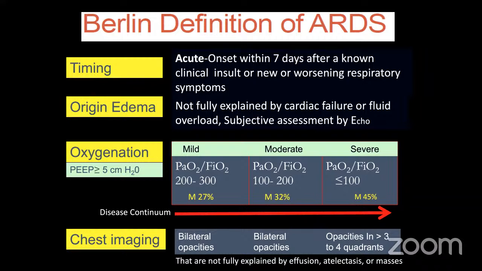But with experience, if the opacities are quite obvious in more than 2 to 3 quadrants, and if you rule out the cardiac cause, you can take it as ARDS. And any opacity should not be because of effusion, atelectasis, or masses. So this is the Berlin definition, which we normally use for our bedside identification of ARDS.